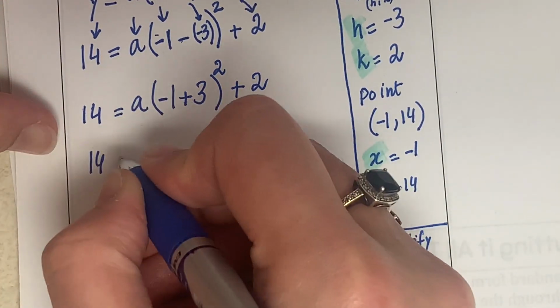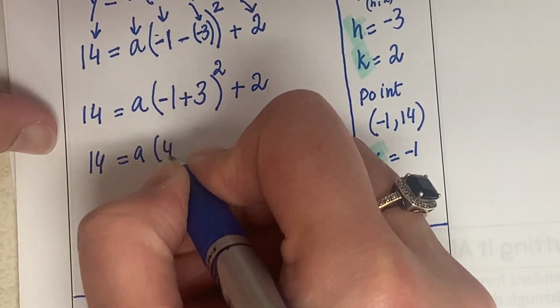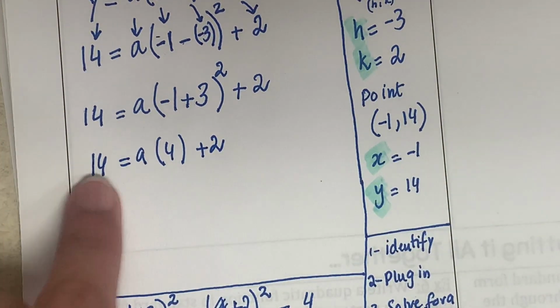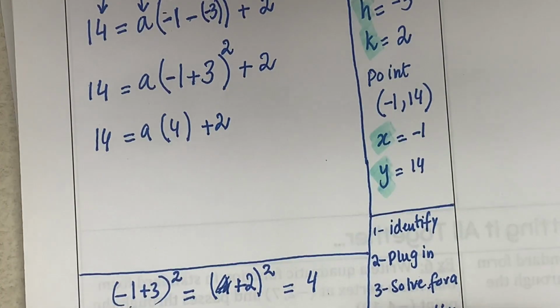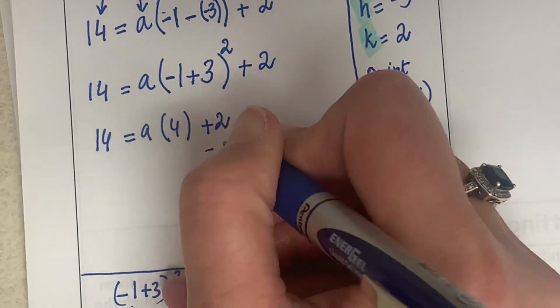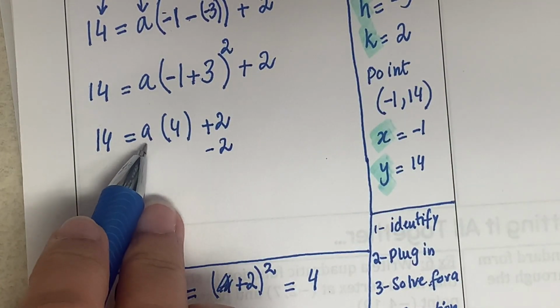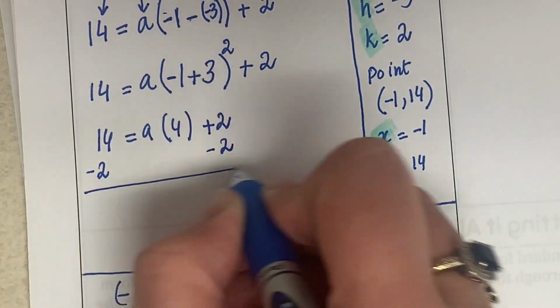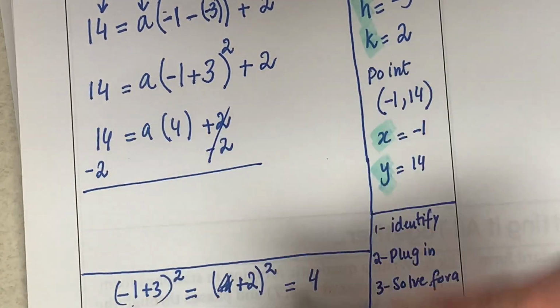So 14 equals a times 4 plus 2. I have it. Now this is a two-step equation. I need to find a. A is question mark. So first thing I do is I subtract 2 on both sides. 2 minus 2 cancels out.